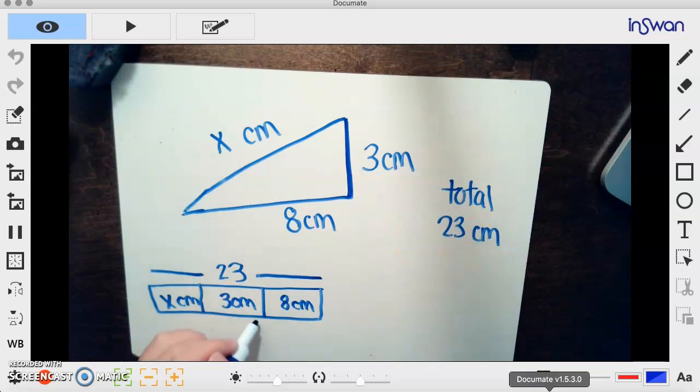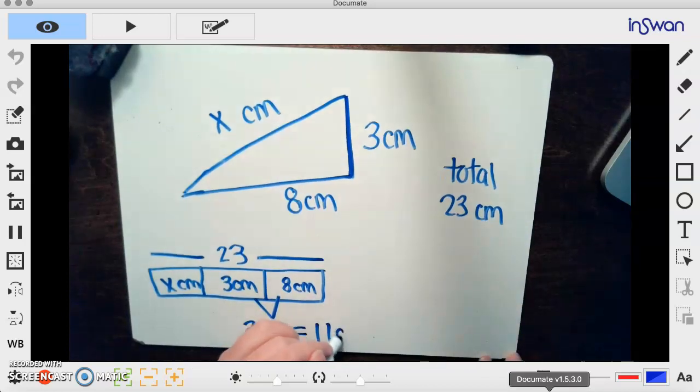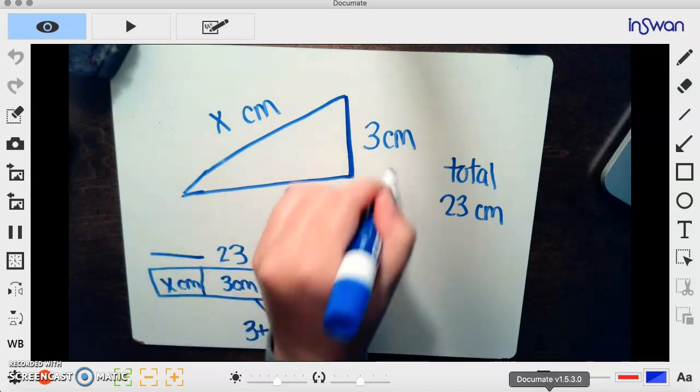So I'm going to start with figuring out the sides that I do know, which is 8 and 3. So if I add together 3 plus 8, I'm going to get 11. And then my unit is centimeters, of course. So I know that 11 centimeters is the length of these 2 sides.